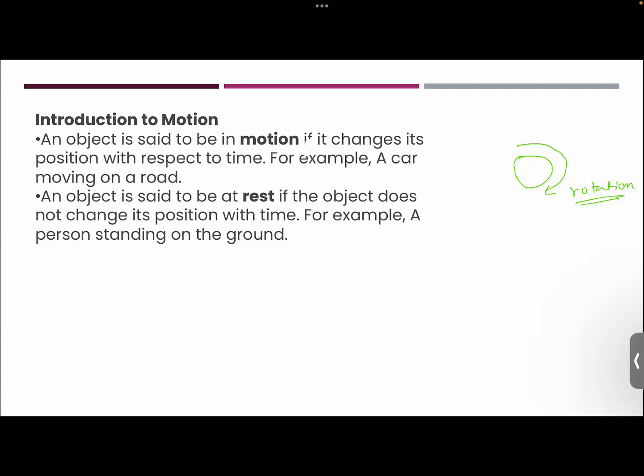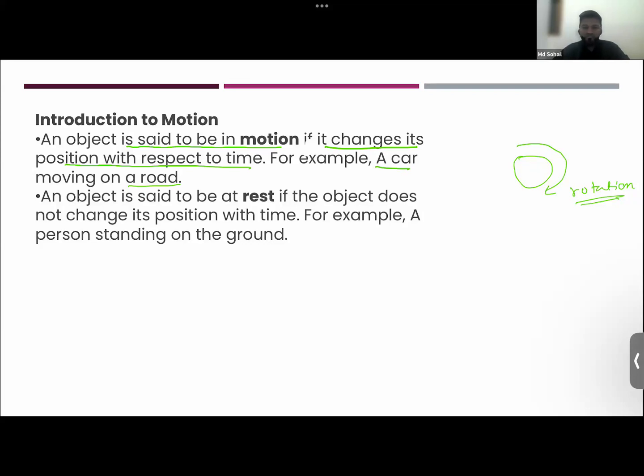Exactly. So when you define motion, you need to consider time as well. An object is said to be in motion if it changes its position with respect to time. For example, a car moving on a road changes its position with the passing time.